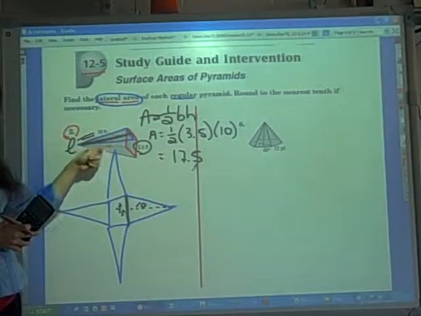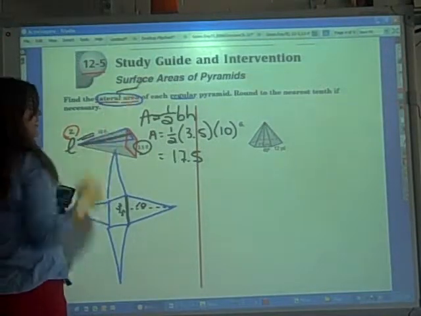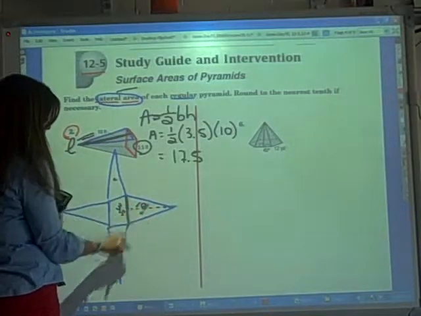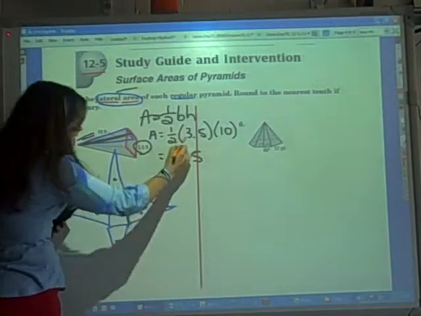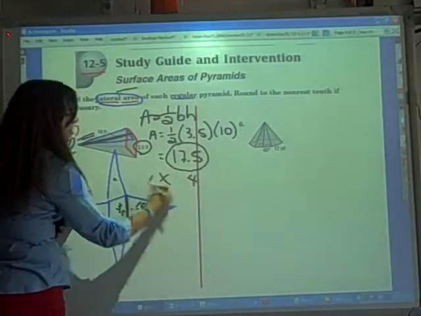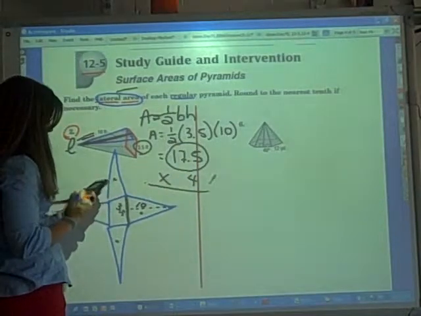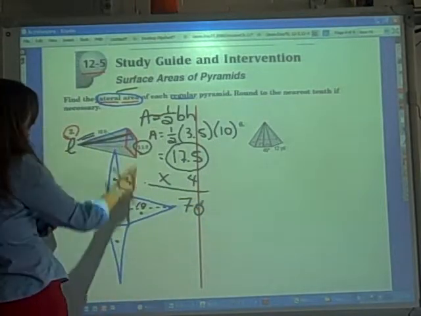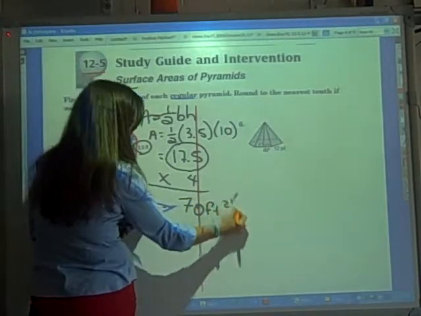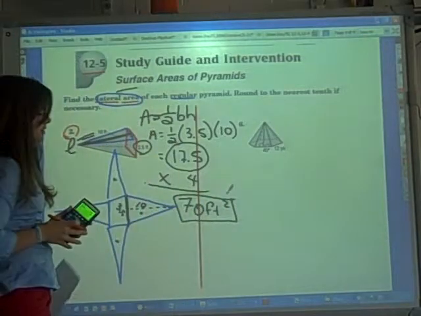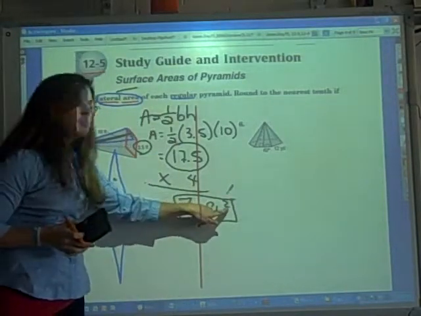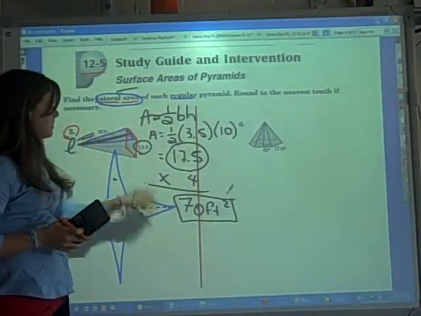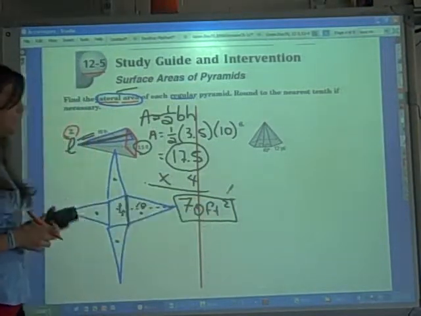They are all the same shape. Lateral area is all the faces that are not the bases. So this one, this one, this one, this one. Take this number. You have 4 of them. They're all the same size. 17.5 times 4 is going to give you 70. We're still working with area here, so we're going to finish it out with our units, which is feet. Always put a squared on there for area. The lateral area on number 2 is 70 feet squared.